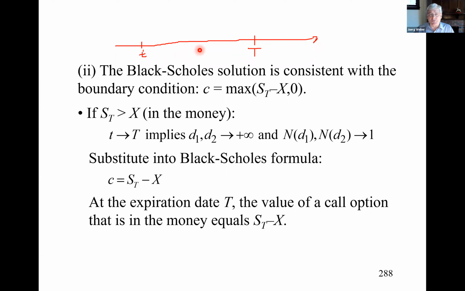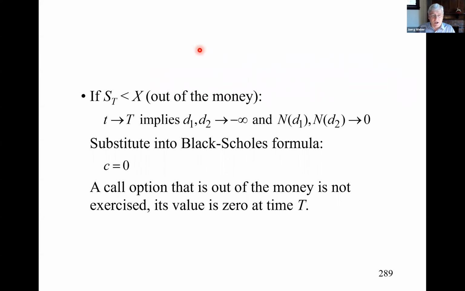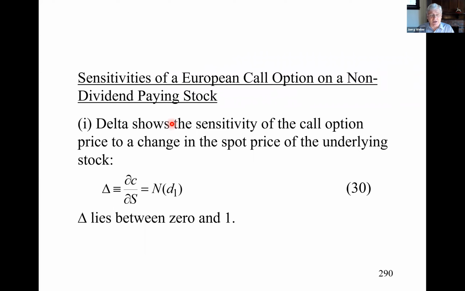How much does the option price change? We have seen that's captured by this so-called delta. It shows how sensitive the derivative price is when the underlying asset price changes. When you take this derivative of the Black-Scholes solution, you will get the value of the cumulative normal distribution up to point d1.